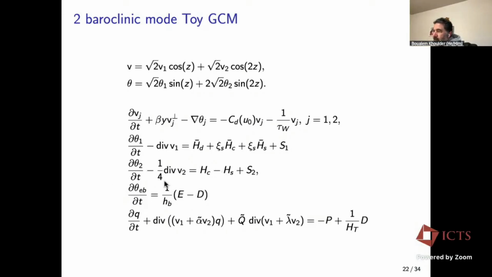And then you have a boundary layer theta_eb that responds to evaporation from the surface and downdrafts from the upper layer. And then you have the moisture equation, that's just a vertically integrated or average moisture that responds to divergence and precipitation, and then the downdrafts that come from detrainment and moisten the free troposphere.